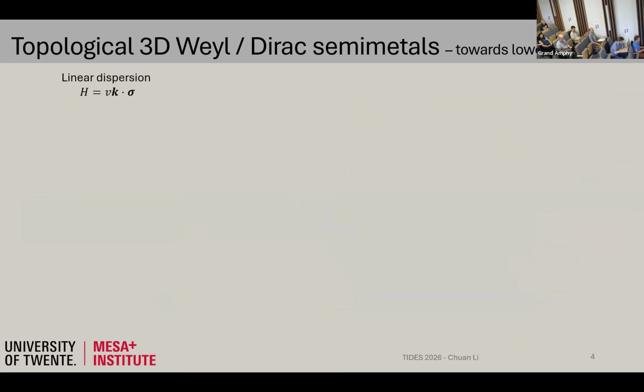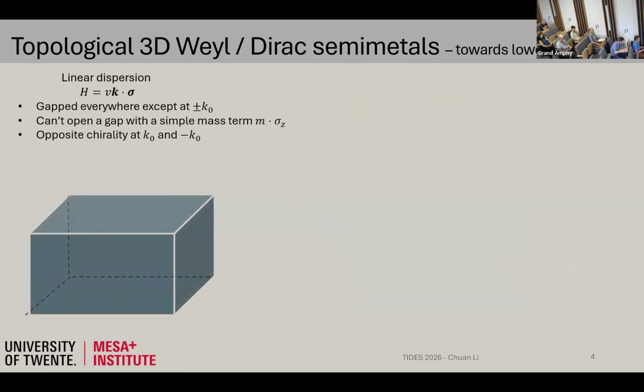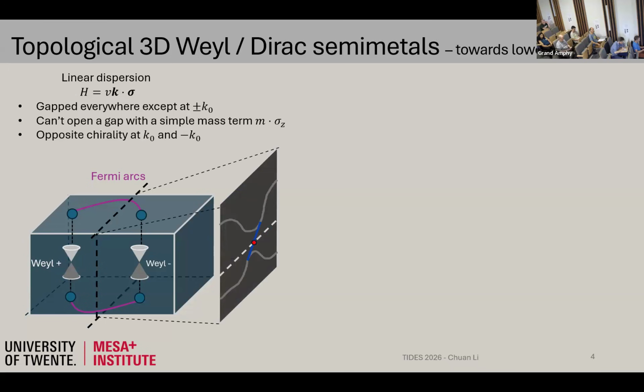As we talk about topological insulators, there are also many other types of topological materials in the world. One very interesting and beautiful system is the Weyl semimetal, which breaks time-reversal symmetry or inversion symmetry.